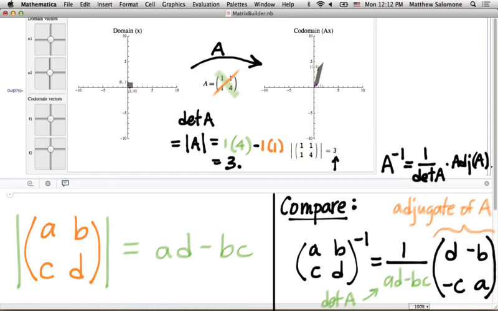So remember, if the sides of my parallelogram over here are the vectors v, which in this case is 1, 1, and w, which was 1, 4, then this upper corner of this parallelogram is actually just v plus w. But v plus w here would be 2, 5.